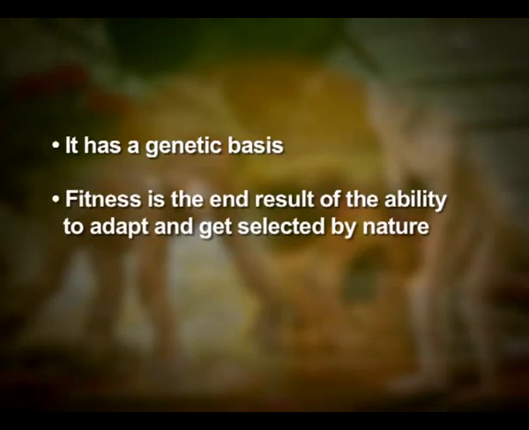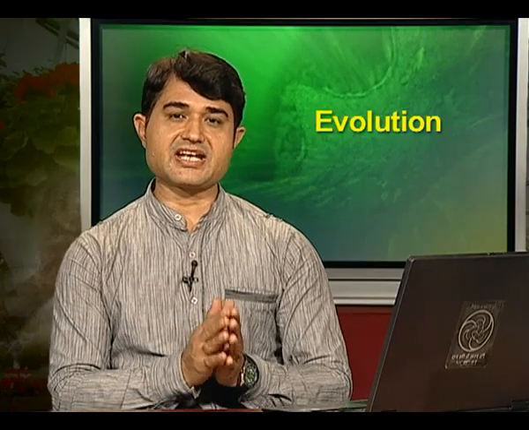Adaptive ability is inherited. It has a genetic basis. Fitness is the end result of the ability to adapt and get selected by nature. Branching descent and natural selection are the two key concepts of the Darwinian theory of evolution.